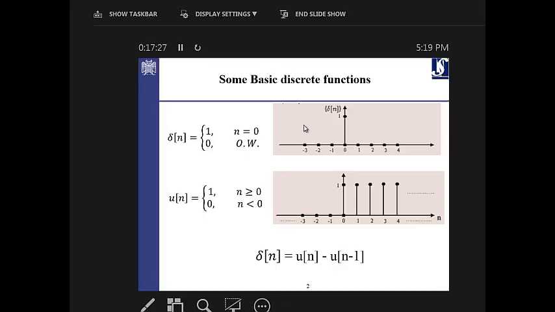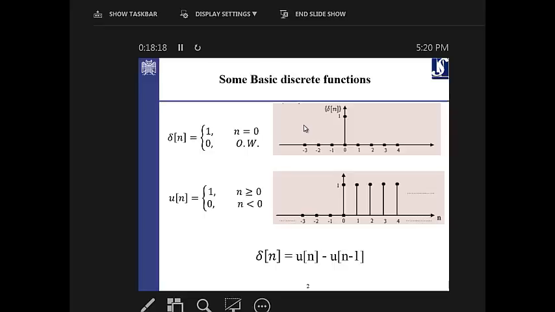That's why x of n in general can be written as the sum of a_k delta n minus k. a_k represents the coefficients, and delta is nothing but the unit impulse, and k represents the shifting amount, and this shifting amount is what you can see as the variable of the summation or integration. That's the importance of the unit impulse function.